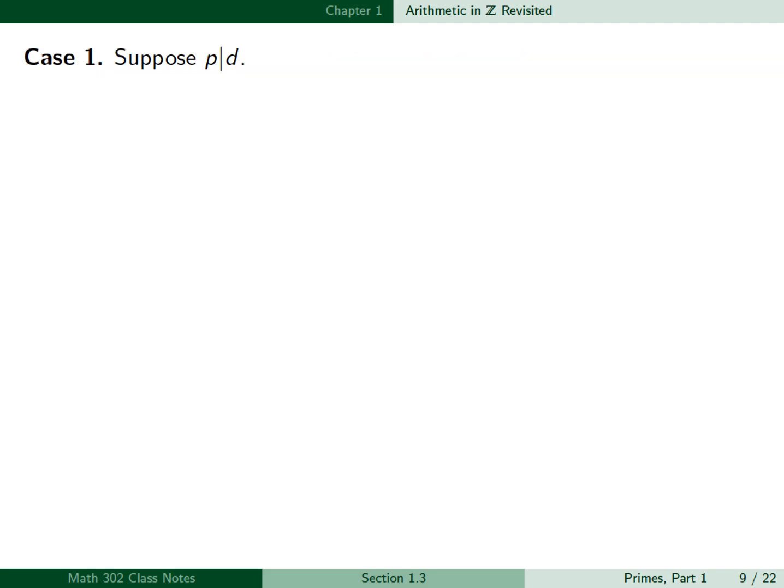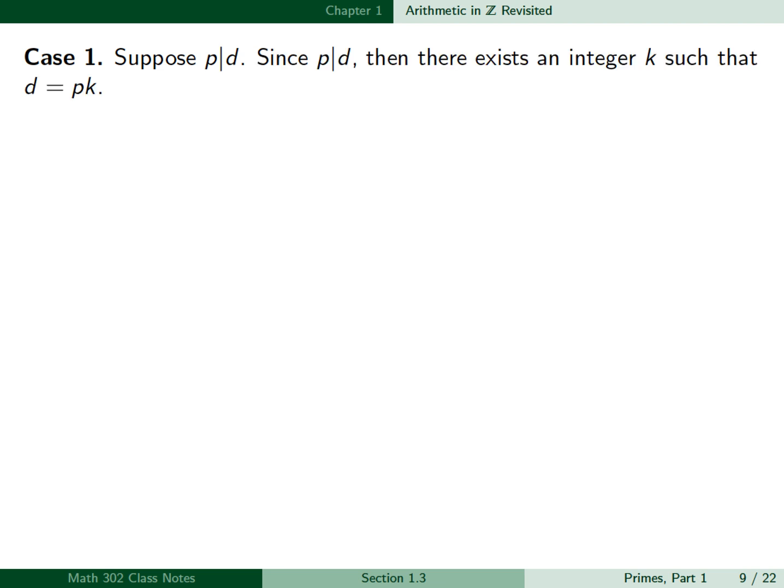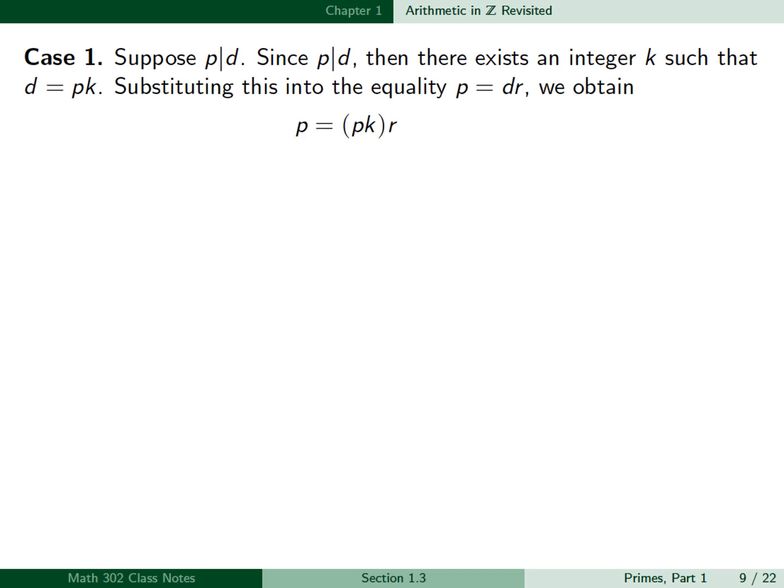So for case 1, let's suppose that P divides D. Since P divides D, there exists an integer k such that D is equal to pk. Substituting this into the equality P equals dr, we obtain P equals (pk) times r. And we can rearrange the parentheses to write this as P times kr.